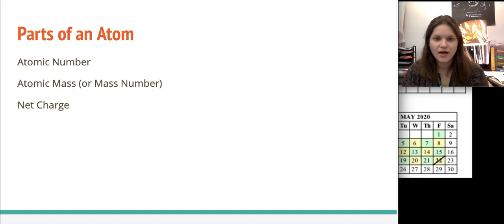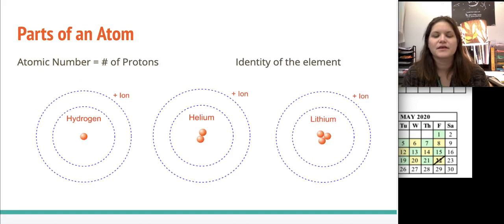Okay, so now talking about parts of an atom, we're going to talk about the atomic number, atomic mass, also known as the mass number, and then finally the net charge. Okay, so we know the atomic number, that is your number of protons, and what you need to know about that is that as you add protons to an atom, that changes the actual identity of the atom.